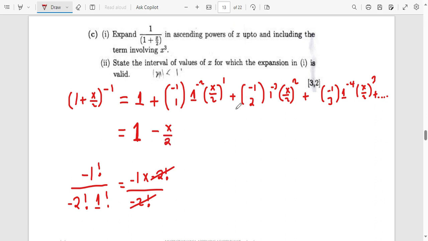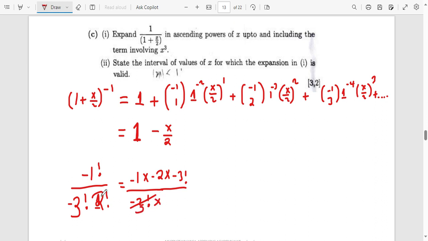Go to the next term, negative 1 combination 2. So the only difference is this will be negative 1 factorial divided by negative 1 minus 2, that will be negative 3 factorial. And then the same 2 which we are subtracting becomes 2 factorial. So negative 1 factorial means negative 1 times negative 2 times negative 3. At negative 3, I can end and put a factorial because in the denominator I also have a negative 3 factorial.